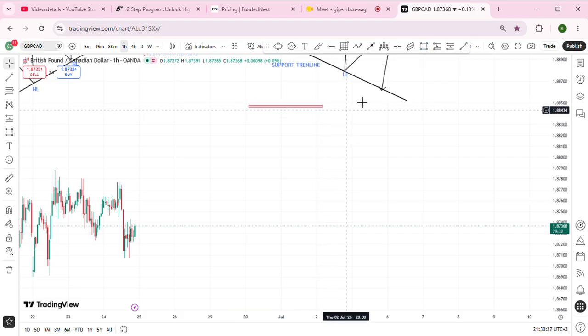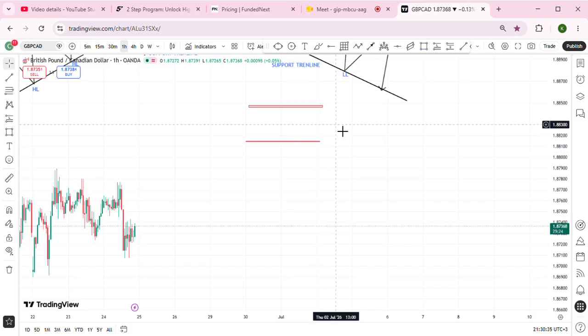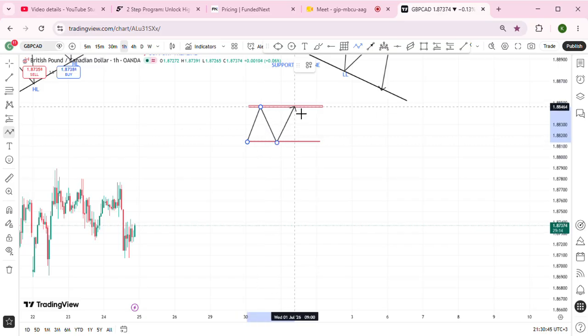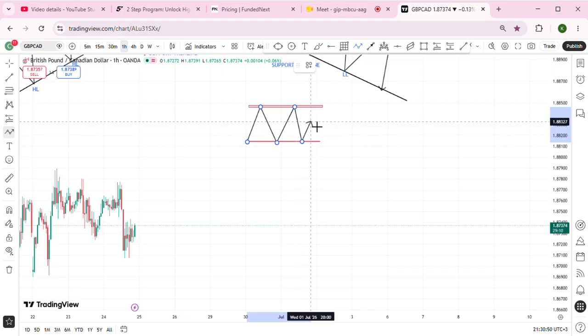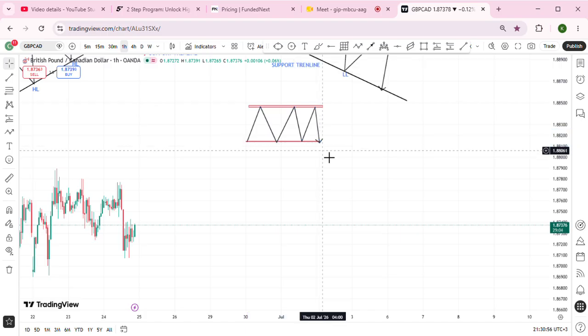Let me just do the demonstration part of it before we go to our charts and look at the practicals. So now, if it's a consolidation, this is what will be happening. The market will be giving you equal highs and equal lows.